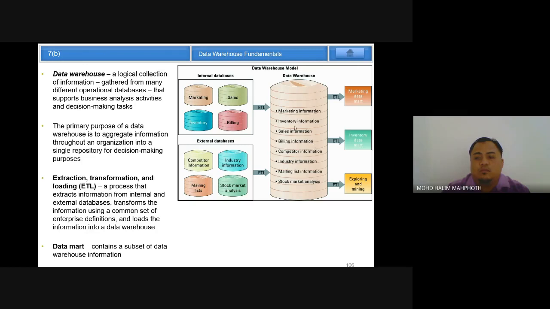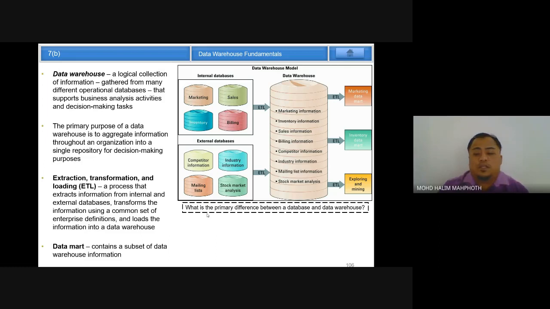In the inventory data mart, you can pull the inventory information, and if you want to intersect with other databases, you can pull that data into this data mart. You can also explore and mine all the data from the data warehouse.